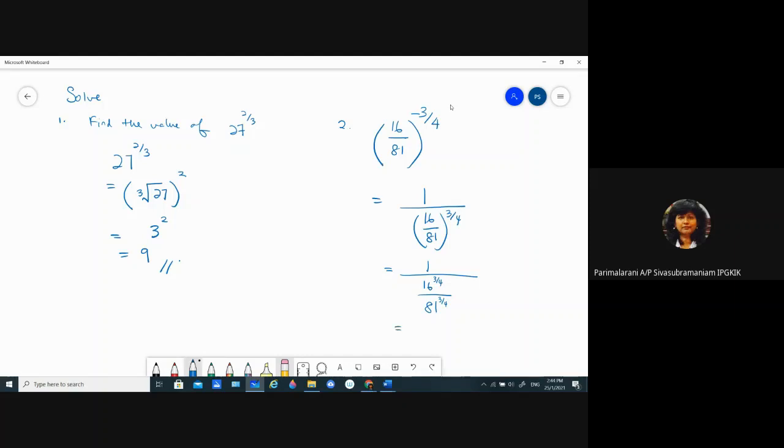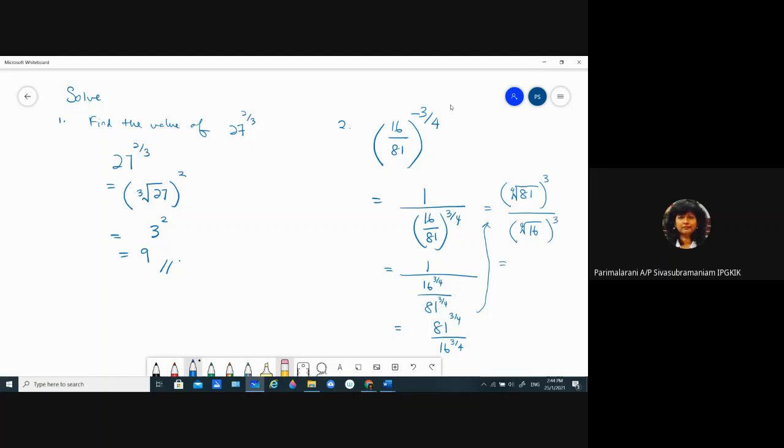Is also equal to, because it's 1 over this, that means 1 divided by this, which is 81 to the power of 3 over 4 over 16 to the power of 3 over 4, correct? So this is actually the fourth root of 81, cubed, over the fourth root of 16, cubed.